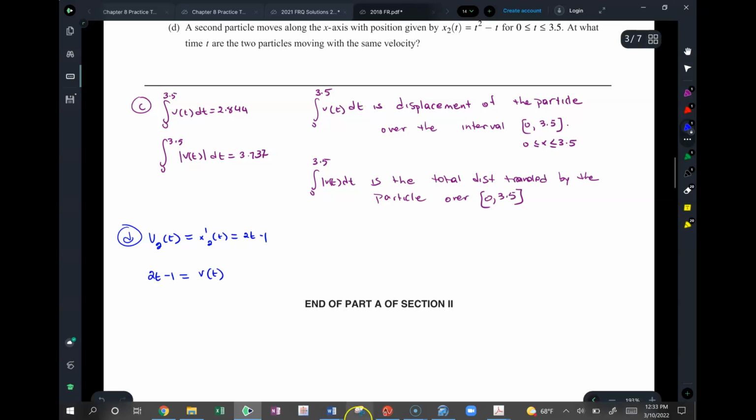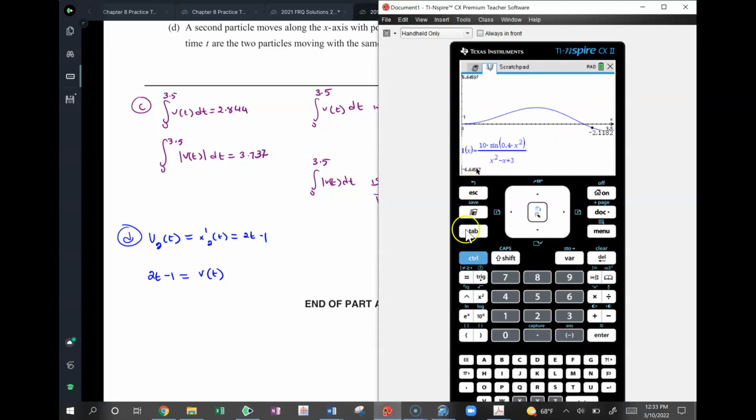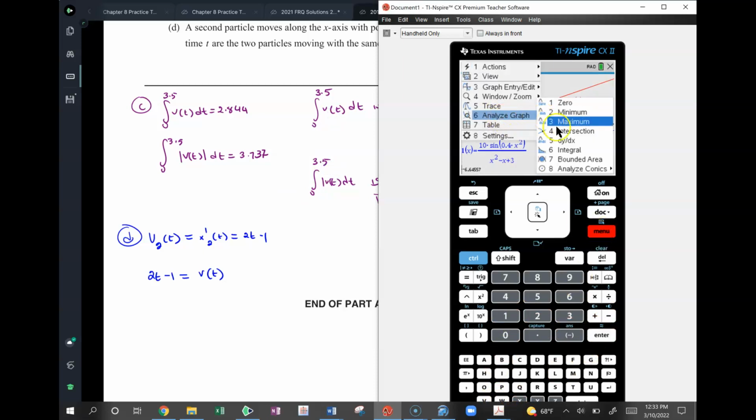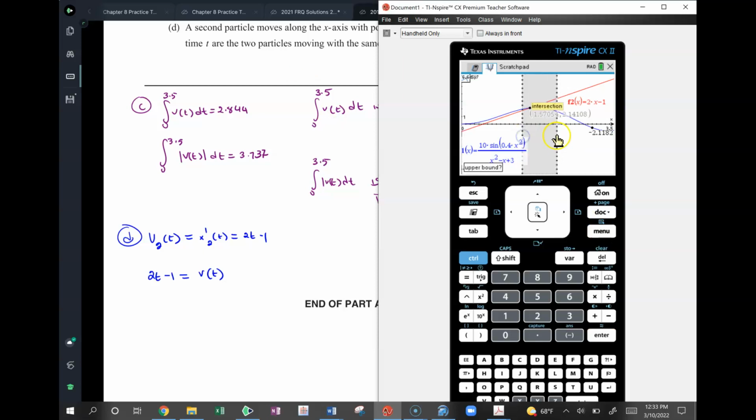Okay? So the way in which you do that is you go on your calculator. In F2, you just type in 2x minus 1, menu, analyze graph. Yes, 1.5. Okay. So t equals 1.571.